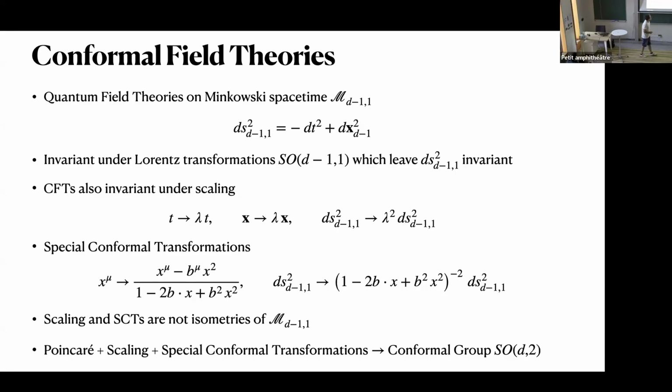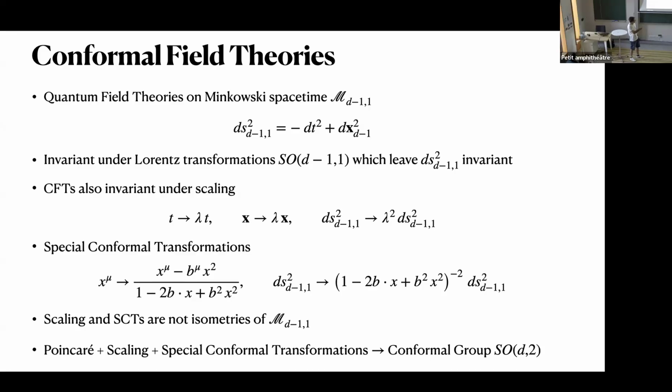in d-1,1 dimensions. Now, the symmetries of this metric, or of any relativistic field theory, will be SO(d-1,1). The d-1 reflects the d-1 Euclidean spatial directions, and the one reflects how many time-like directions you have in your field theory. This group is basically a group of coordinate transformations which leave the form of this metric invariant.